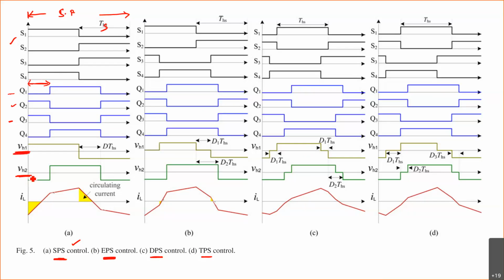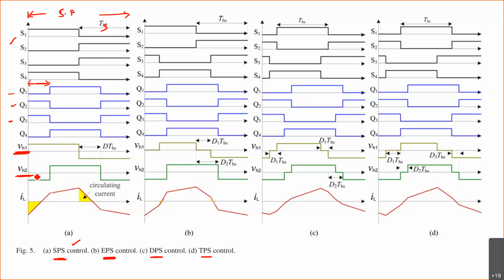We already discussed that. Depending on the voltage that appears across the inductor, we can draw the current waveform. In this case the primary voltage minus the secondary voltage is what appears across the inductor.